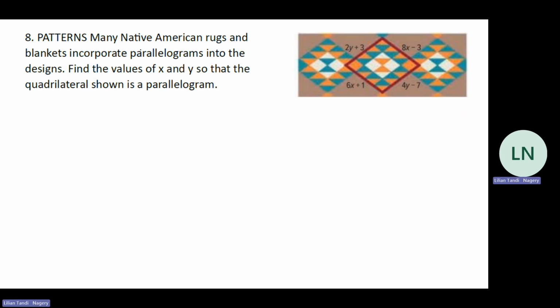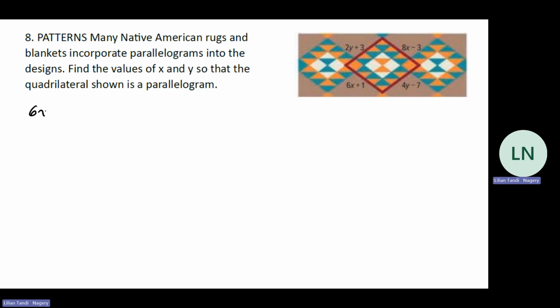Many Native American rugs and blankets incorporate parallelograms into their designs. Find the values of x and y so that the quadrilateral shown is a parallelogram. Now, did they give me sides? Yes, they gave me sides. So opposite sides of a parallelogram must be congruent.